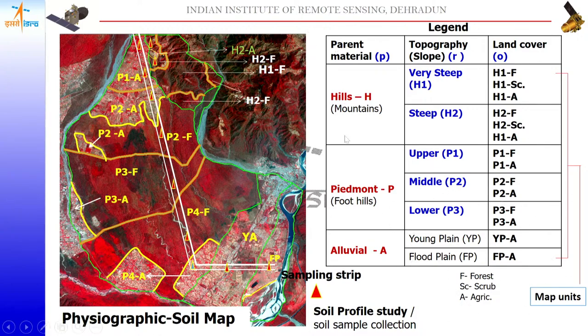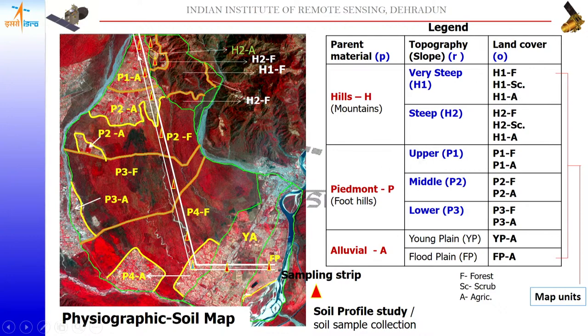You see the hills, mountains, foothills, Piedmont plains, alluvial plains, and the mountains or hills have been divided by very steep slope, given the names H1, H2, and you see the H1 very steep slopes were further divided: H1 forest, H1 agriculture, H1 scrub, like that.